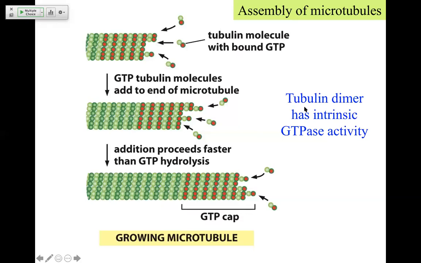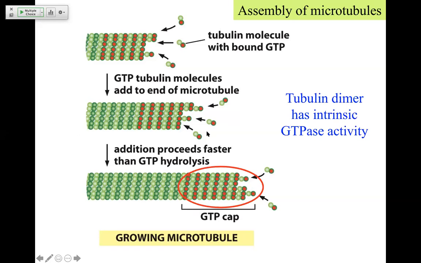But the tubulin dimer has intrinsic GTPase activity, which means once it's been assembled, at some point, the GTP that's bound to this green beta tubulin will be hydrolyzed to GDP. So everything in green is GDP tubulin. This in green is GDP bound tubulin.